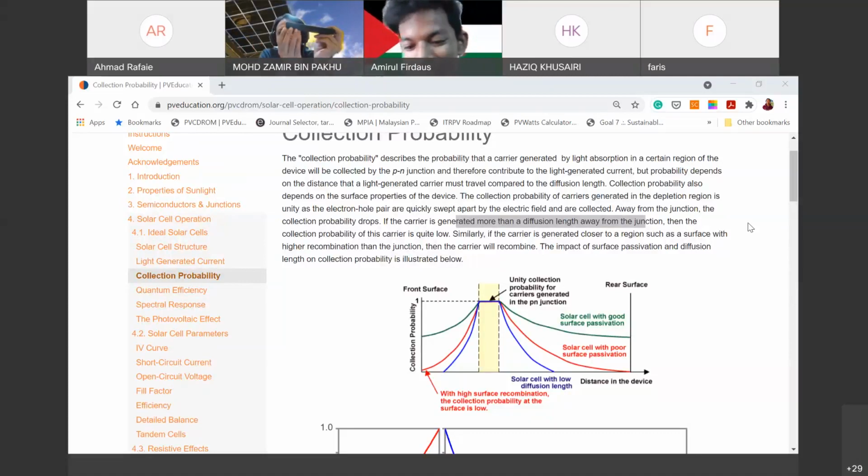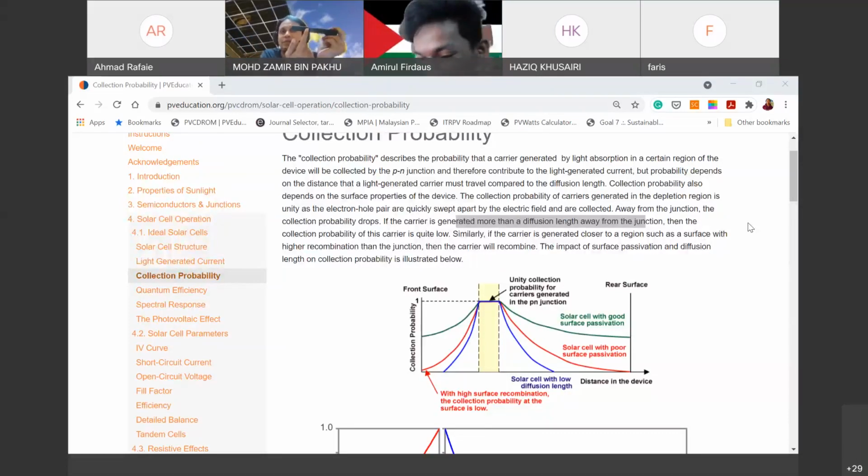I mean, there are no other regions in the silicon, at the back for example, that generate carriers that will never reach the PN junction because it's just too far away. It's 200 micron at the back, and they have to travel like 200 microns to get to the depletion region to be collected.